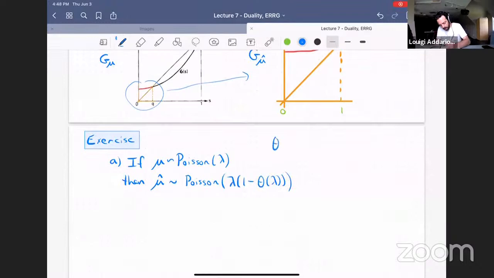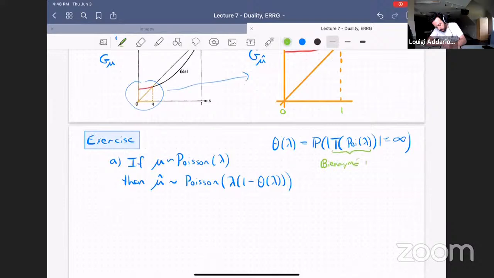Remember theta of lambda was the probability that a Poisson lambda Galton-Watson tree was infinite. So this is really just lambda times the extinction probability. And this is notation I'll use this lecture and possibly the next one to mean a Galton-Watson tree with offspring distribution mu being Poisson lambda.